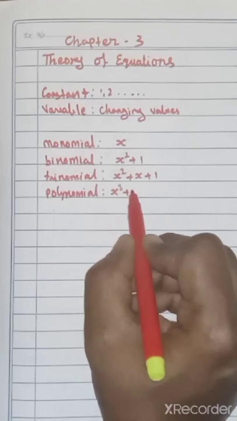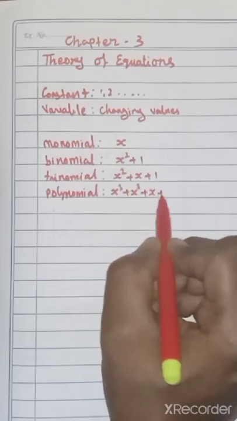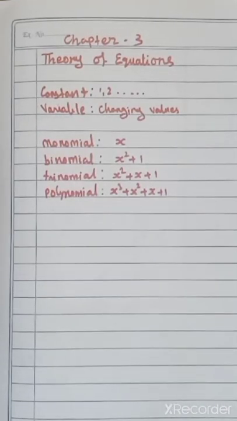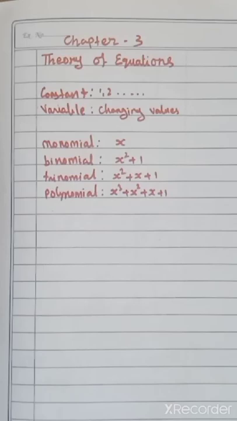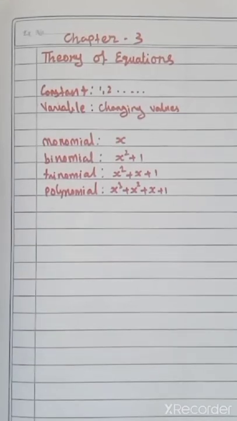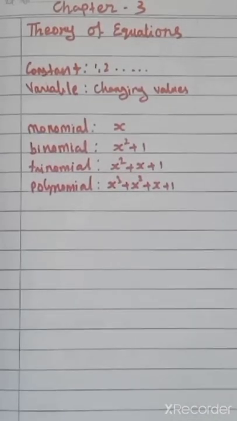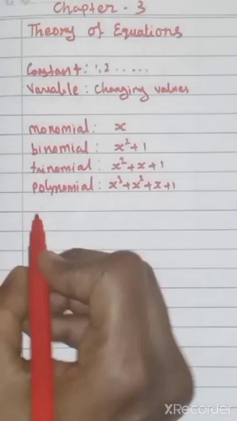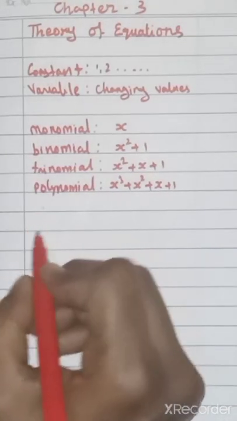So x cube plus x square plus x plus 1, etc. So this is your monomial, binomial, trinomial, and polynomial. What is monomial? Only one term. Binomial, two terms. Trinomial, 3 terms, and polynomial, 4 terms. Fully, we are going to see only about polynomial.